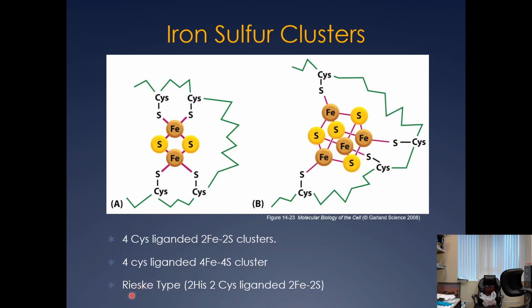A third type, which I really want you guys to know, and I'll point it out in the upcoming slides, is the Rieske type. And this is a 2 histidine and 2 cysteine liganded 2 iron 2 sulfur cluster. Okay, so instead of having 4 cysteines here, 2 of them are histidines and 2 of them are cysteines. And this comes into play because of the bifurcated electron transfer that happens in the cytochrome BC1 complex, which I'll show in a couple slides here.